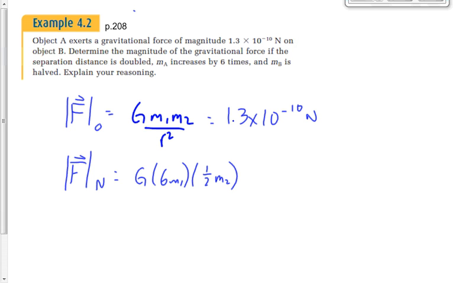I've always told you that the force of gravity is equal to this equation, Gm1m2 over r squared. That's not quite true. F is not equal to m times a. V is not equal to d over t. A is not equal to delta v over delta t.